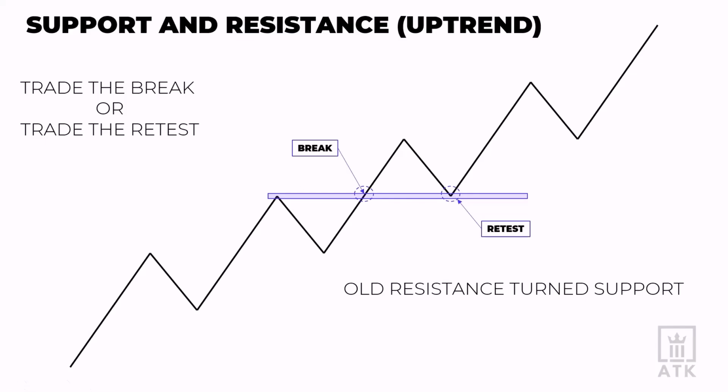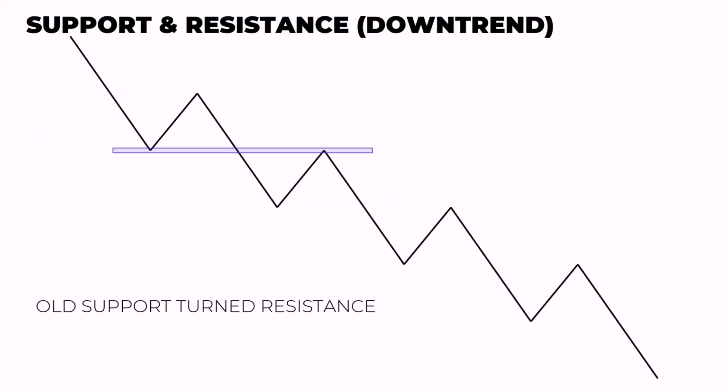Let's look at it from a downtrend perspective. We're going down, we have a floor, so that becomes support. Then we go up, we retrace, create the lower high, and then we break that old support and create a lower low. Now that old support becomes resistance.